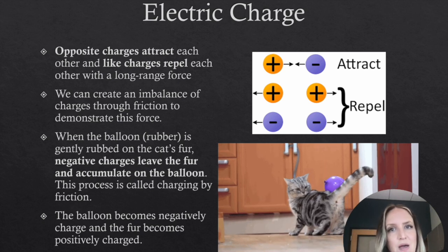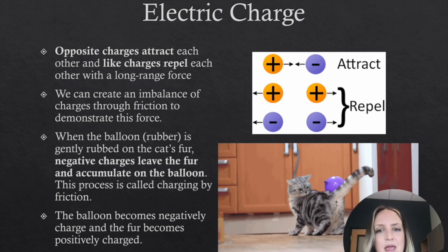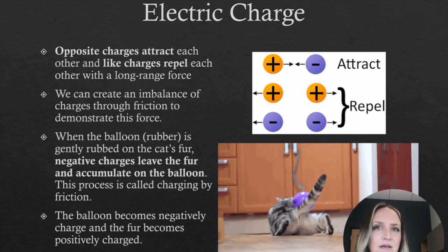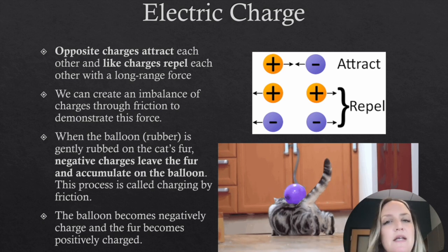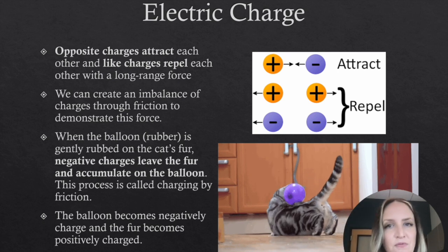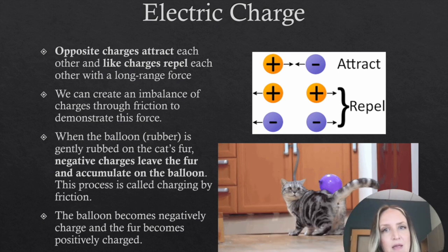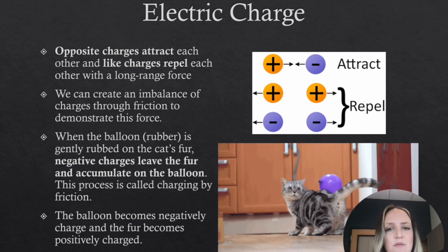And when we do that, we're left with an imbalance of charge, okay? In the case of the cat and the balloon, negative charges get unlocked from the fur by the friction, and they are attracted to the balloon and they remain on the balloon.